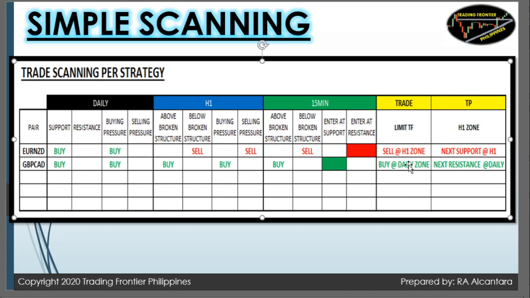Sorry, this should be a buy trade at 15-minute, correct. A buy trade at daily zone, which means my next resistance take profit will be the next resistance at the daily. Why? Because I know from a daily down to 15 minutes, there are buy opportunities, no selling opportunities as of the moment.